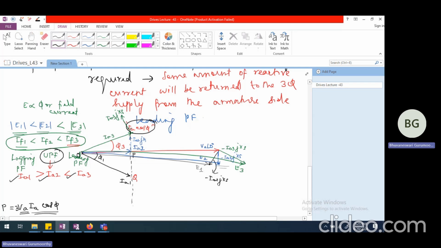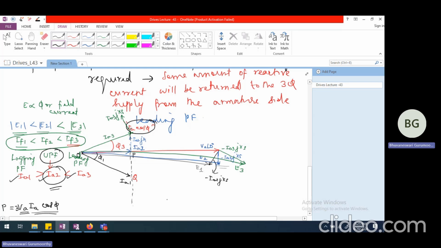This has a major implication in terms of the inverter that we use for controlling a synchronous motor drive. If I try to operate it at unity power factor condition, the current drawn by the synchronous motor drive is going to be minimum.